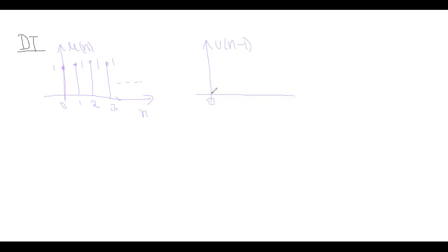How many samples is it delayed? 0 is a 0 now. So whatever samples we have in mu of n are shifted towards the right side. At 1, it starts from 1. At 1, the value is 1. At 2, the value is 1. And for 3 also the value is 1, and so on.